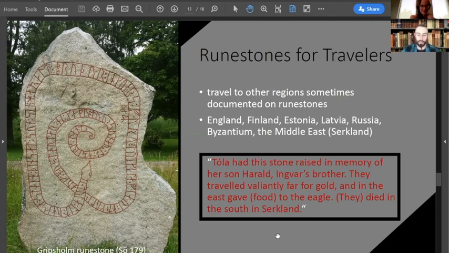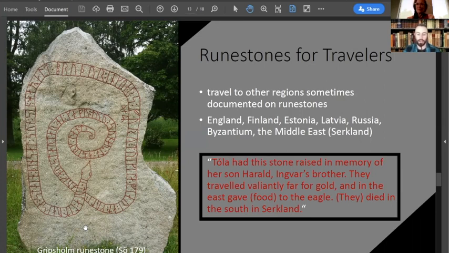And some of the places mentioned include England, Finland, Estonia, Latvia, Russia, Byzantium, and the Middle East, which they called Serkland. And one famous runestone that is a good example of this is the Gripsholm runestone, which stands in front of Gripsholm Castle.